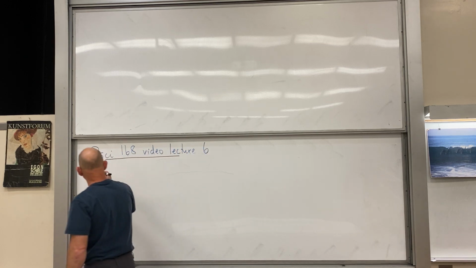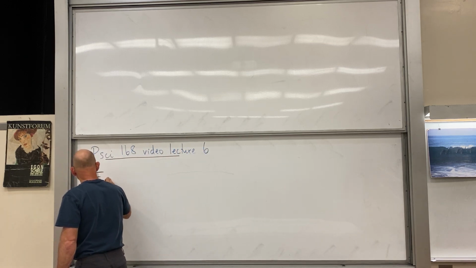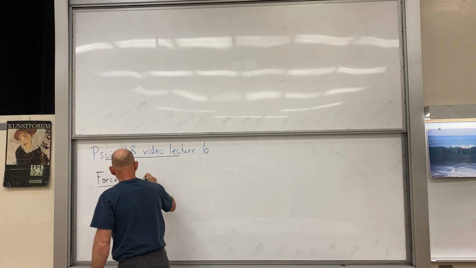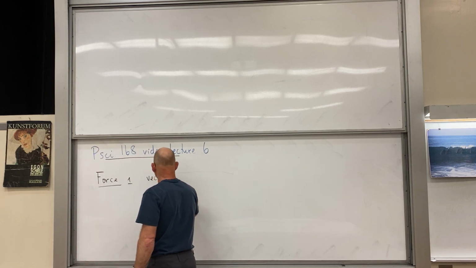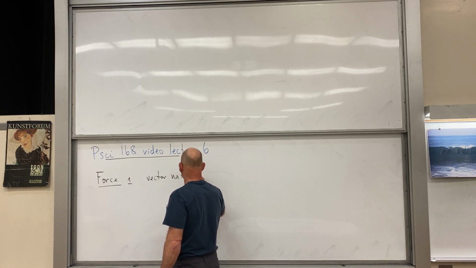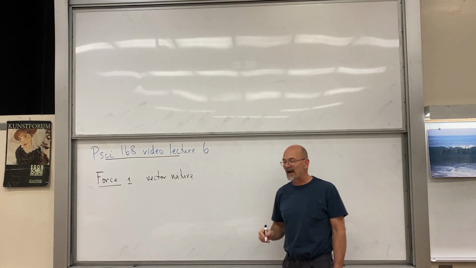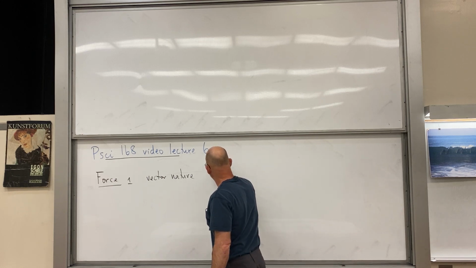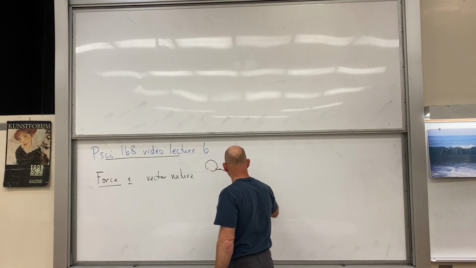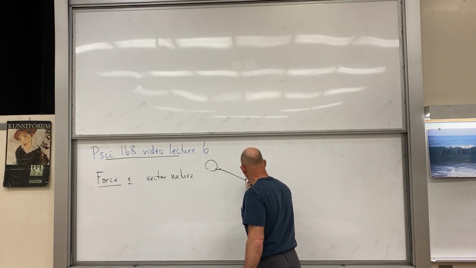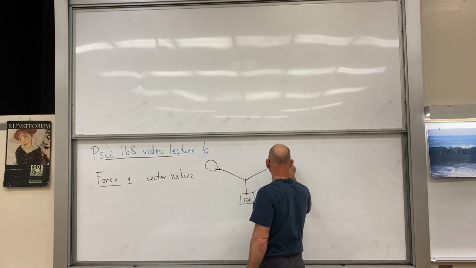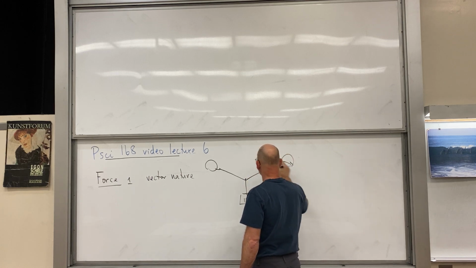So we'll start with the vector nature of force. And we know that forces add like arrows. And what I'm going to do here is just draw one of our scenarios, and I'll put some numbers in. So suppose we have 10 newtons and we have these two scales here.